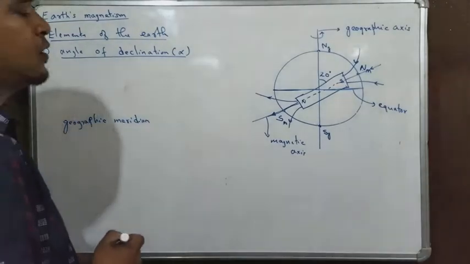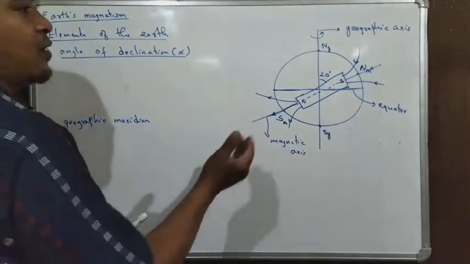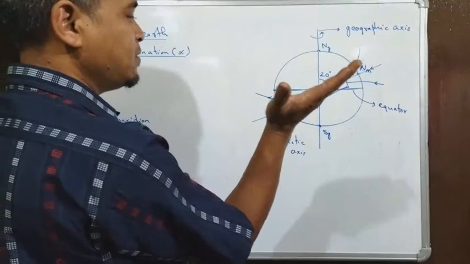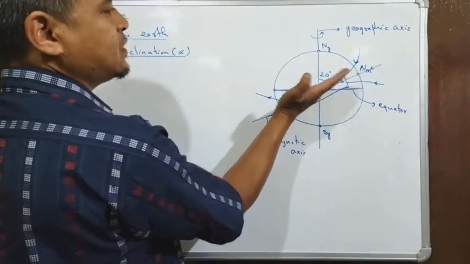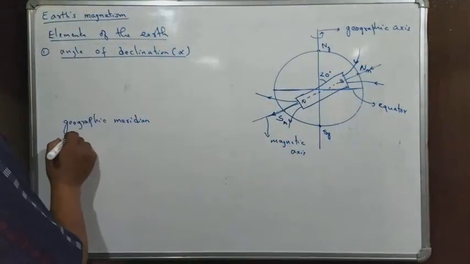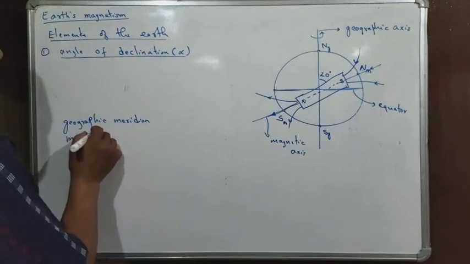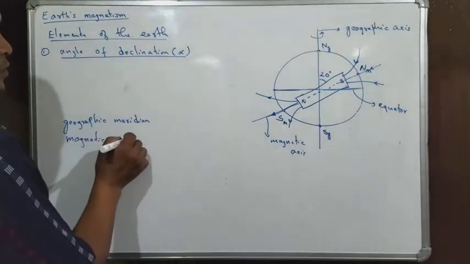And if I draw a plane passing through the magnetic axis like this, that plane is known as the magnetic meridian.